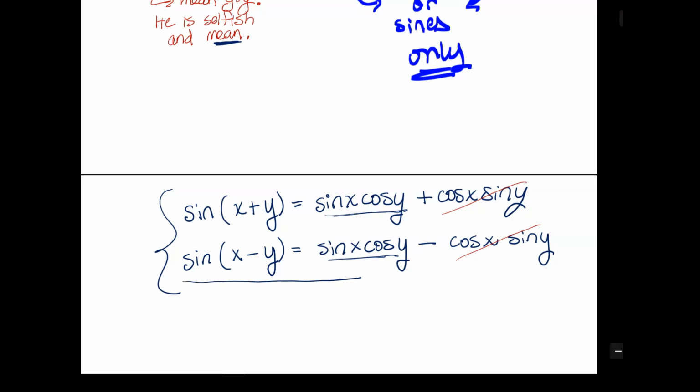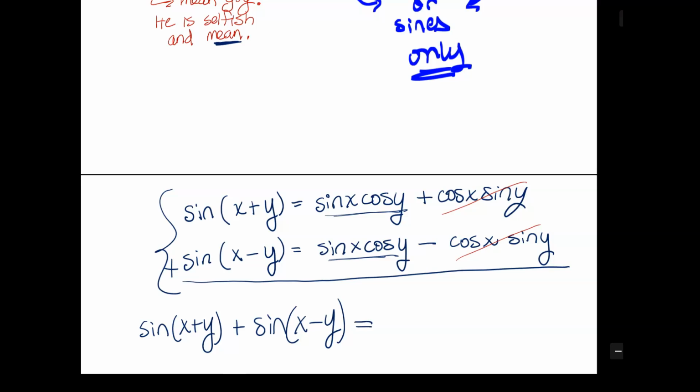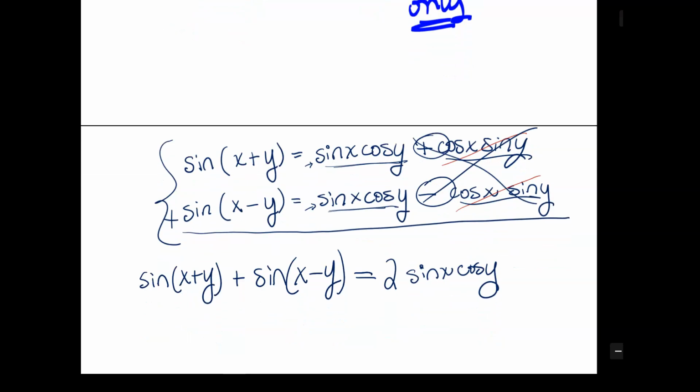So what we're going to do is just add down on this equation. We're going to get sine x plus y plus sine x minus y equals, now these two match, so we have two of them. And these two also match, but they have exact opposite coefficients, which means they cancel out.